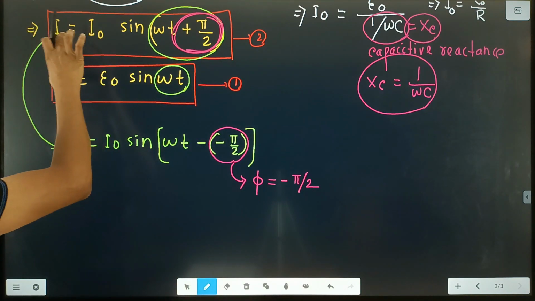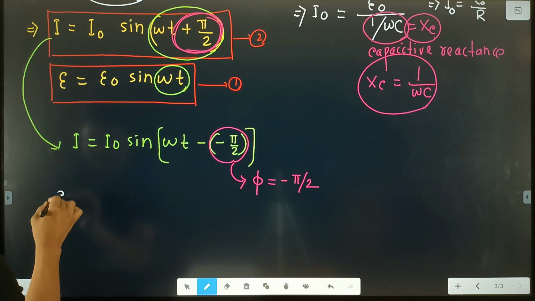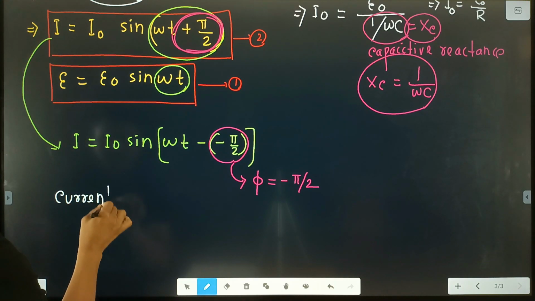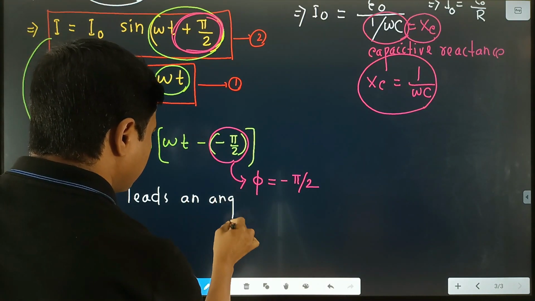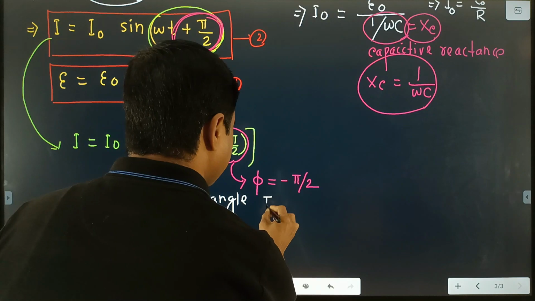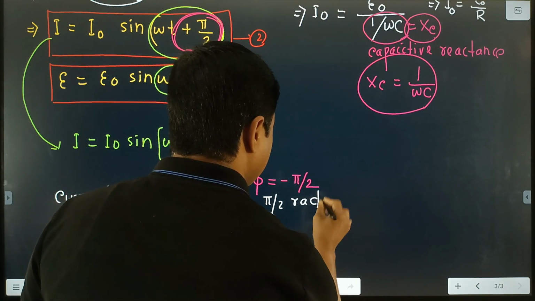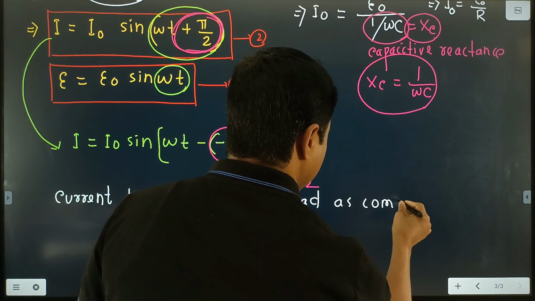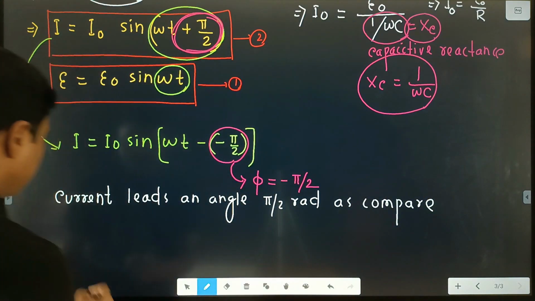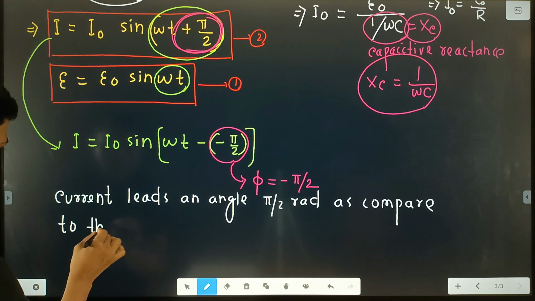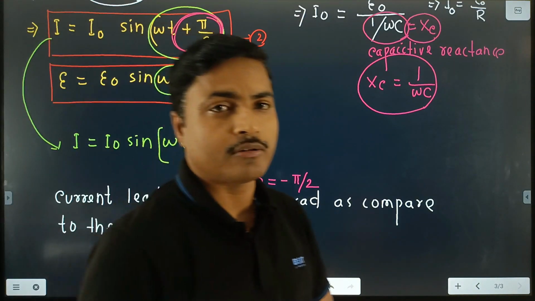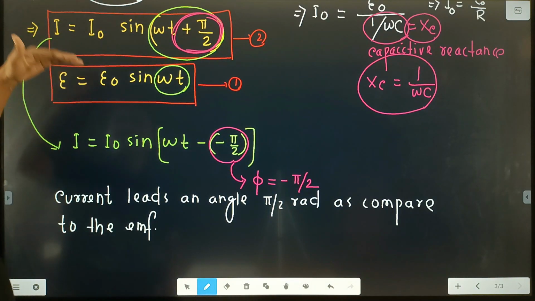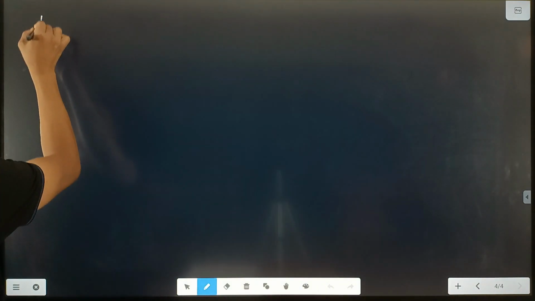From these two equations we finally write: current leads by an angle pi by 2 radian as compared to the EMF or voltage. Clear? Now you draw the phasor diagram between EMF and current. Next point, that is the phasor diagram.